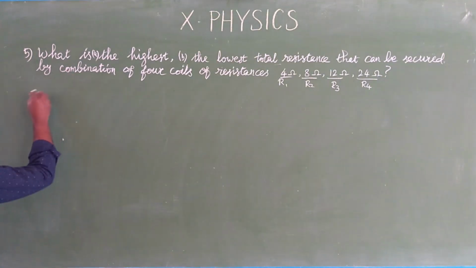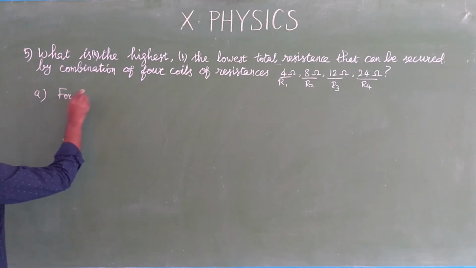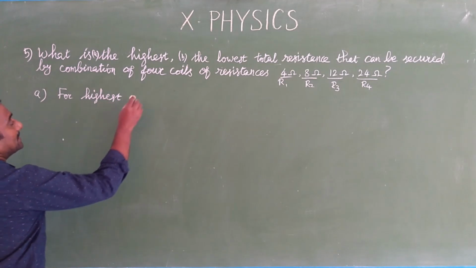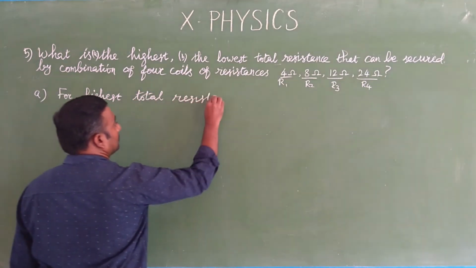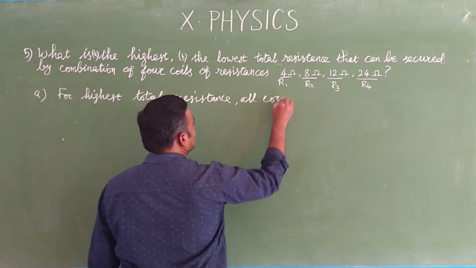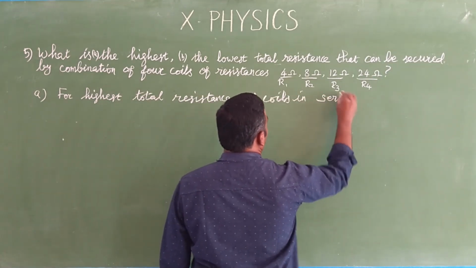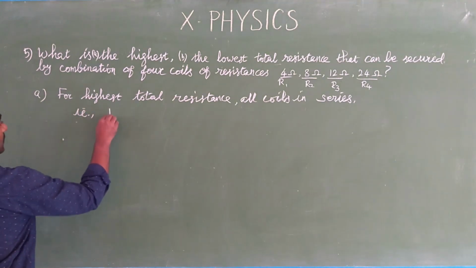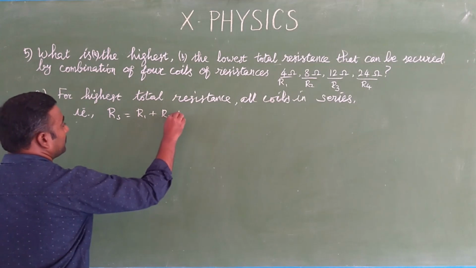So first, to get the highest resistance, for highest total resistance, all coils in series. So that is series combination. What is the formula? Addition of individual resistances.